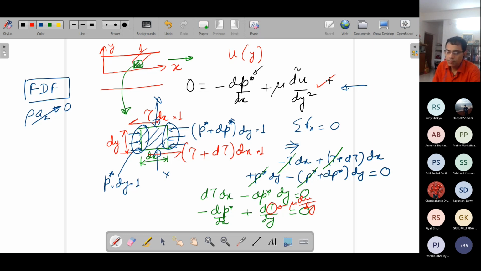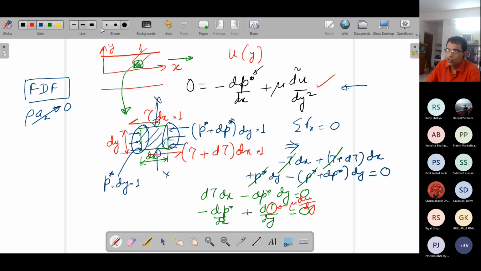At the same time, on the other hand, we are trying to understand the physics of the problem. That should not be lost just by the act of solving a partial differential equation, or ordinary differential equation. We have to keep in mind that this is a fluid mechanics course and not an ODE or PDE solving course.